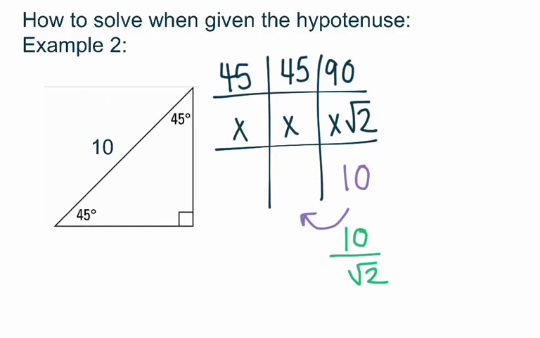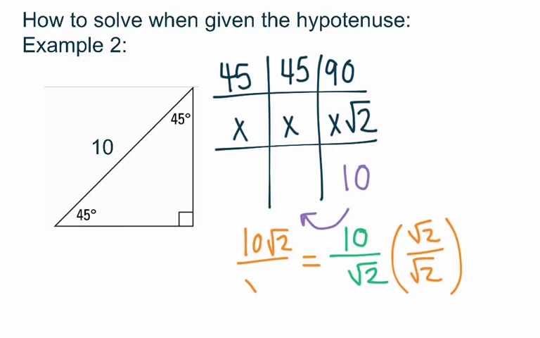Now we cannot have that radical 2 in the denominator, so we need to rationalize it. We multiply the top and bottom by the square root of 2. On top we get 10 square root of 2.